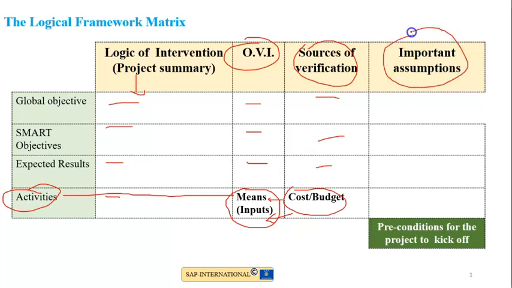Fourth column, these are assumptions. Here you need to distinguish assumptions from risks of your project.